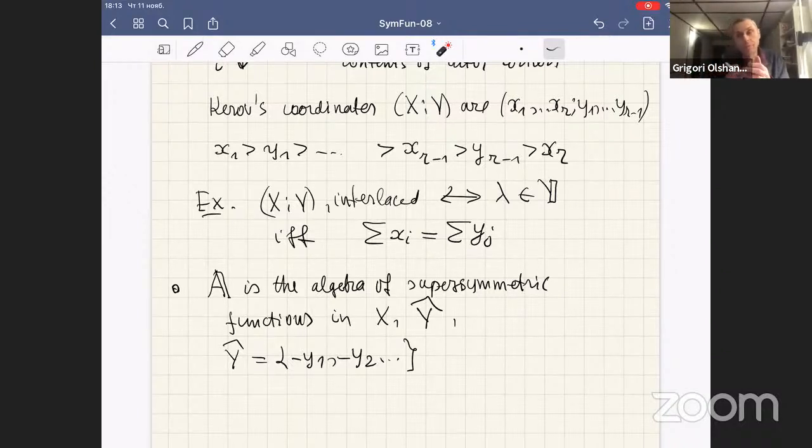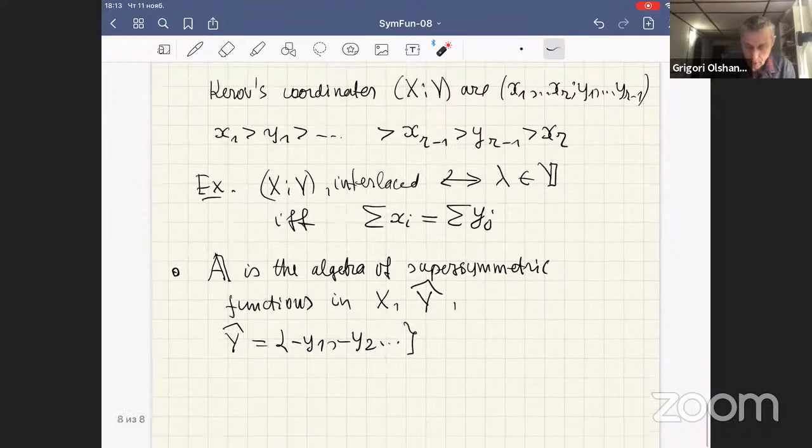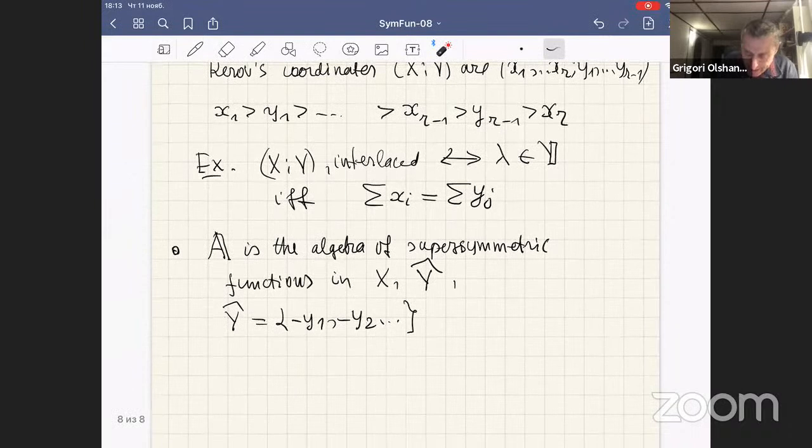But because I like this change of sign, I put it in a different way. It's not exactly the same.